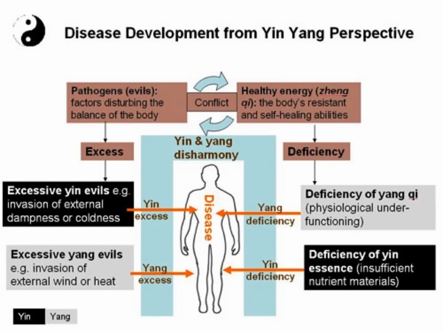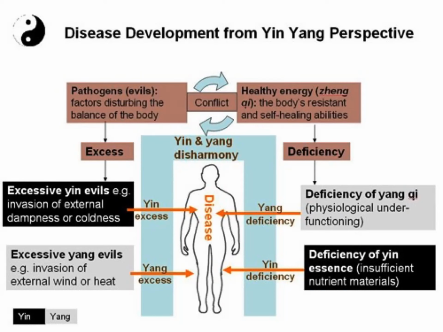So let's talk about disease development from the yin-yang perspective. Okay, as you can see here, the reason why people come to us is nagme-manifest na po talaga yung disharmony or imbalance. So we have two ends of the spectrum, no? We have the pathogens, which are called evils.